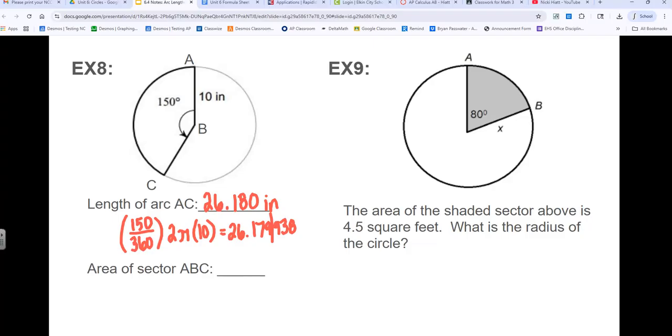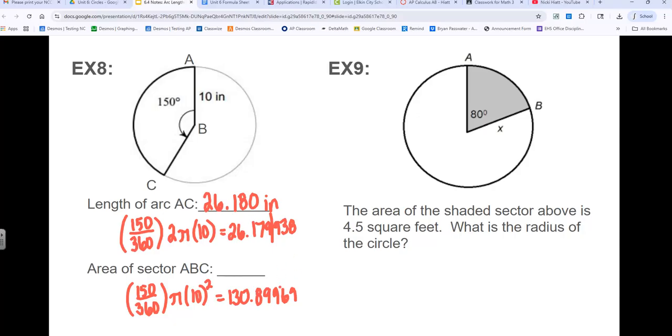Now, if I want the area of sector ABC, then I just need to do the same thing, but with my area formula. So I'll have pi times 10 squared. So if we type that into the calculator, we will get 130.89969.